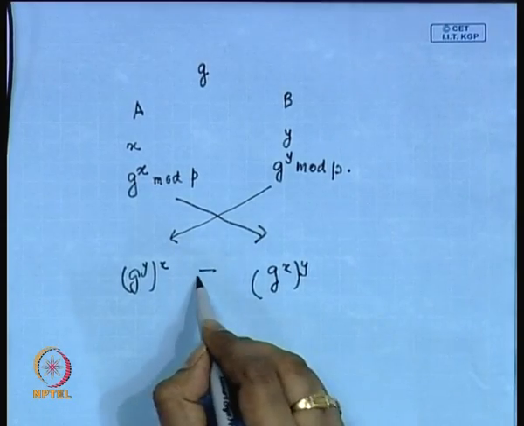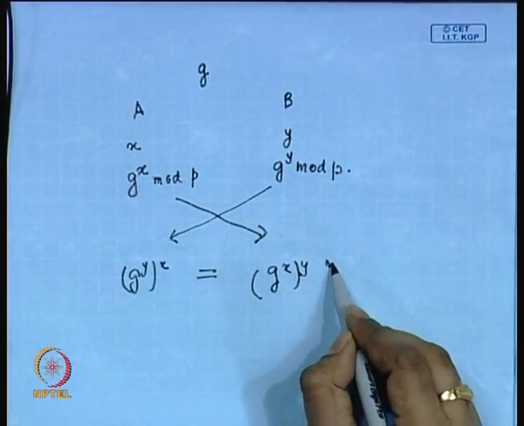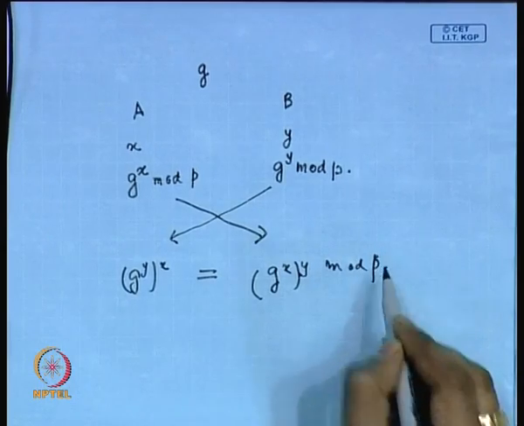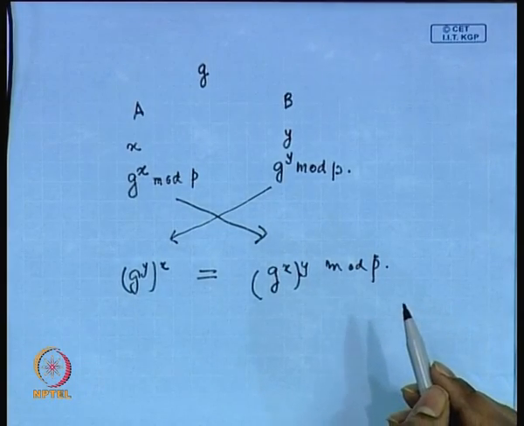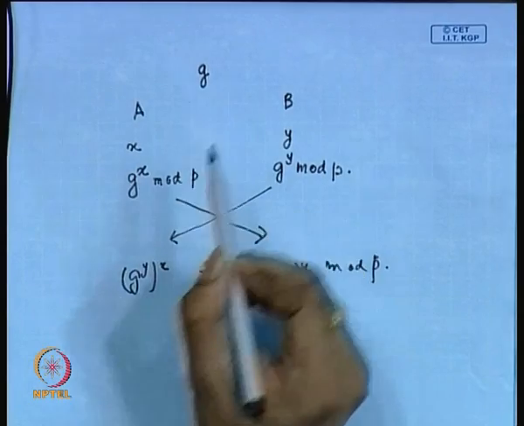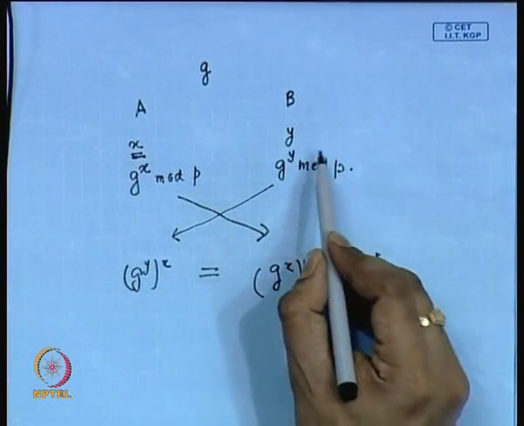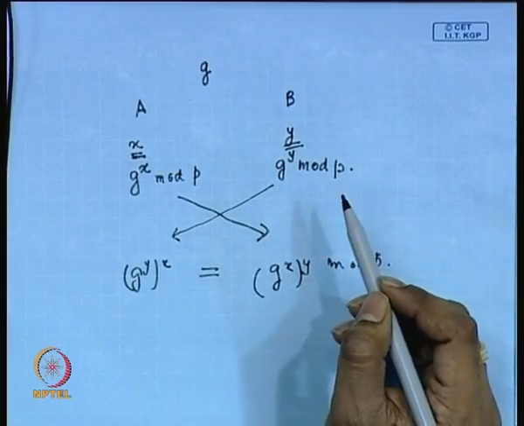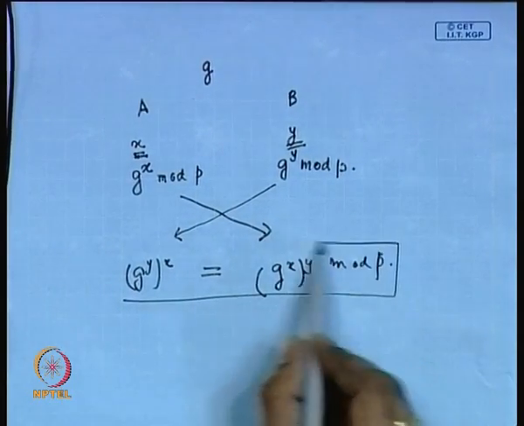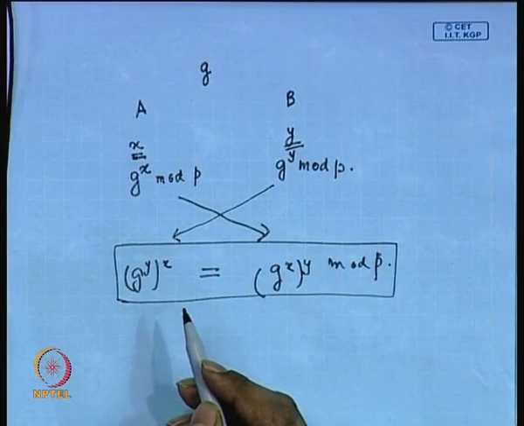In both cases we know that these are the same, so modulo p both are exactly the same. So here also we have generated a random number x and a random input y, and you are establishing a key g^(xy) between these two parties.